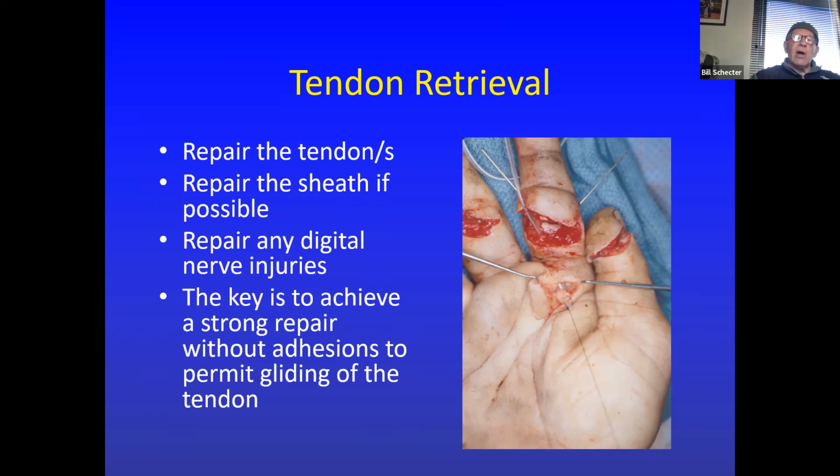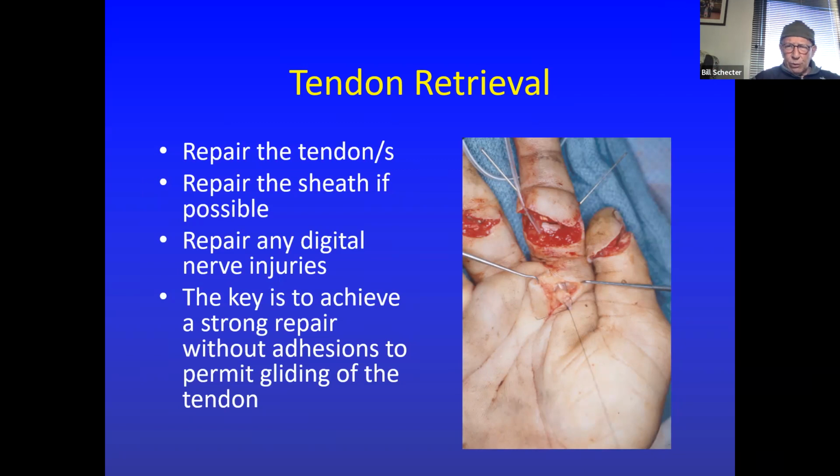If you're going to be trying to do tendon repairs with whatever needle happens to be lying around, you're not going to have a good result, because these big needles are going to chew up the tendon. Remember, I told you you have to be very, very gentle with the tendon. So if you are in a position where you're taking care of hand injuries and you don't have the right suture material, you've got to do what you can to get it.